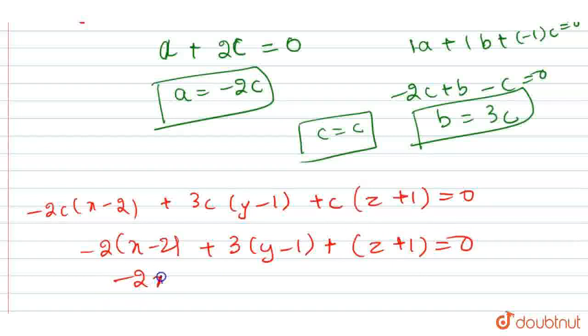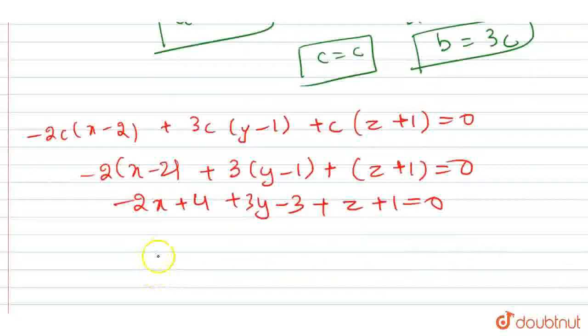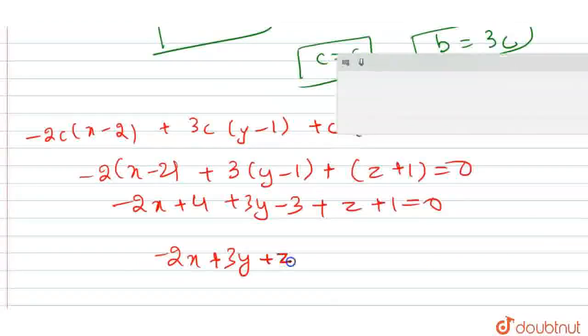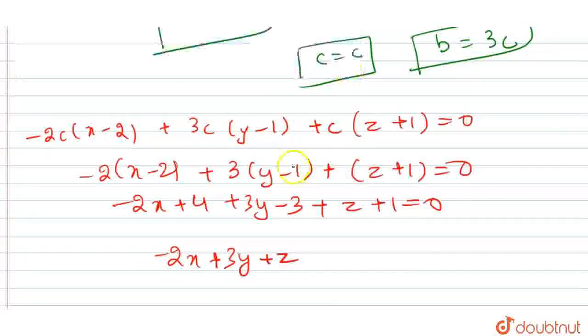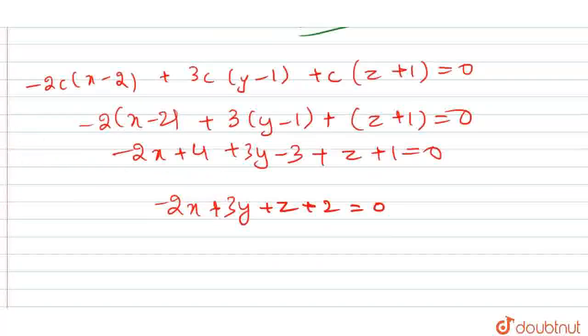Solving them will give us -2x + 4 + 3y - 3 + z + 1 equal to 0. Then we have -2x + 3y + z, and 4 - 3 + 1 gives plus 2. To make the coefficient of x positive, we multiply the whole equation by -1. We get 2x - 3y - z - 2 = 0.